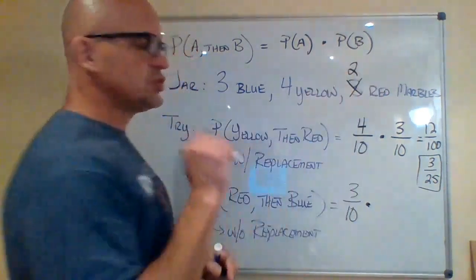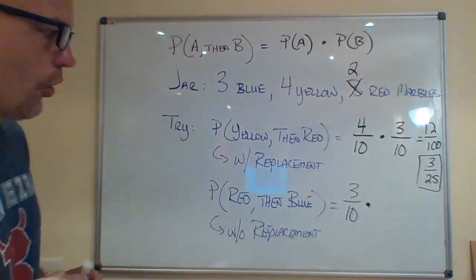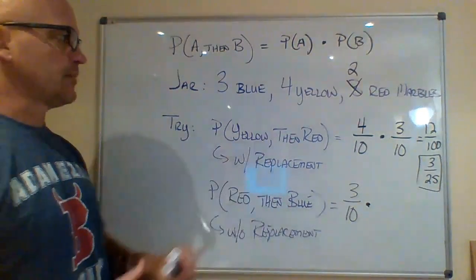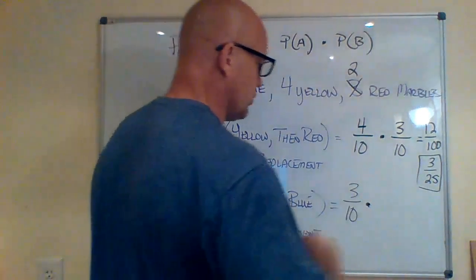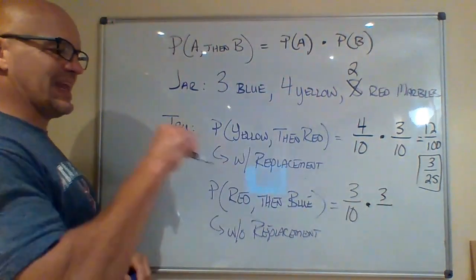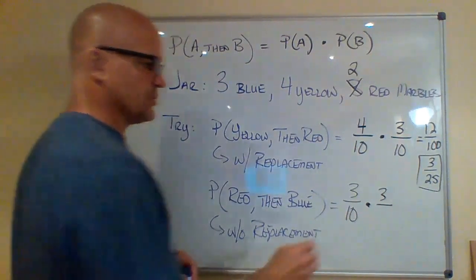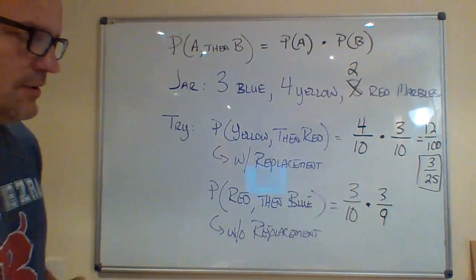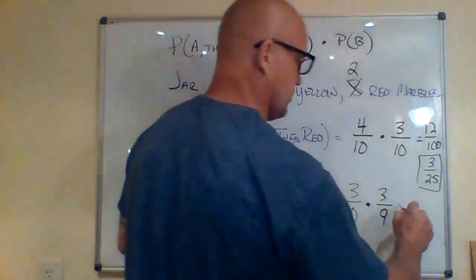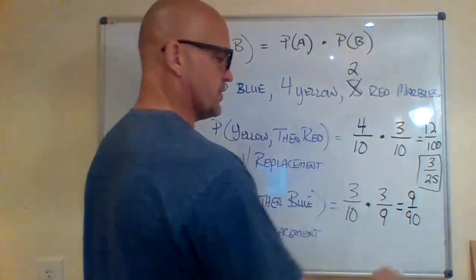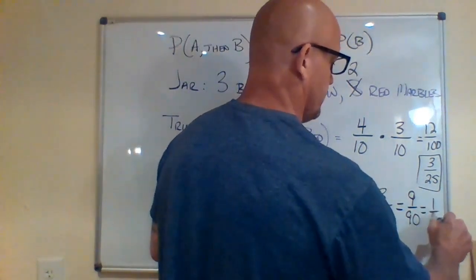There are now only 2 red marbles in my jar. So when I go for the second step of this, getting a blue, there's still 3 blue marbles. But this time there is only 9 total marbles in my jar. We already took the red out. We assume that happened. So when I multiply this together, I'm looking at 9/90ths, which of course should reduce to 1/10.